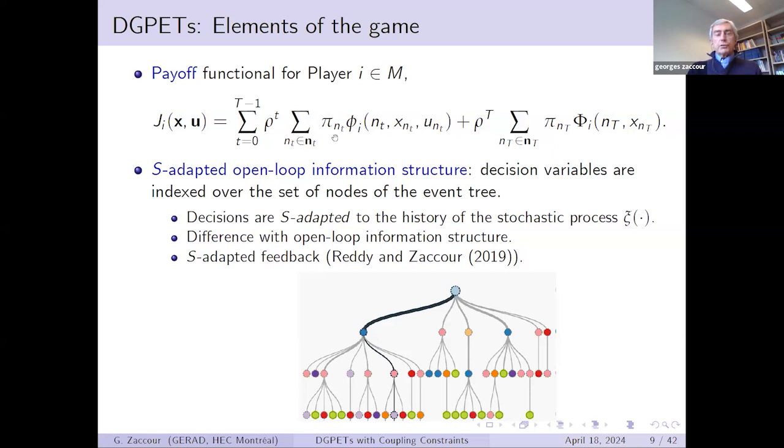So we are taking the sum over all nodes and discounting it at discount factor ρ. And this is what is happening at a terminal node. What we are assuming here is that at a terminal node, there are no decisions made. So what the players are collecting is a payoff that depends on the node itself and the state value at n_t.